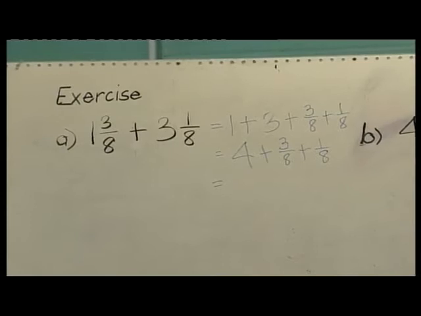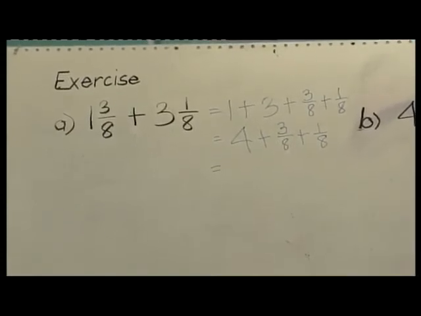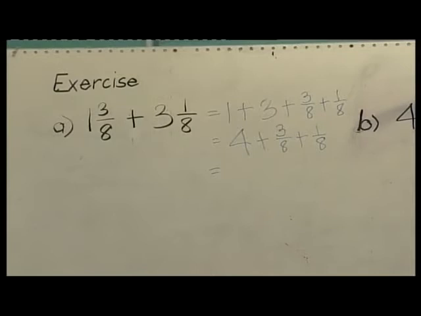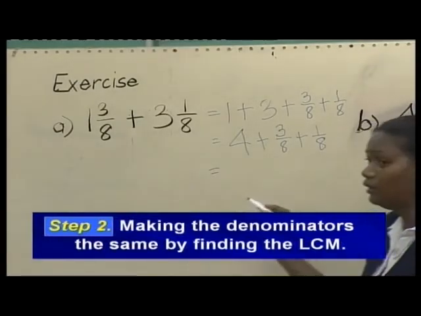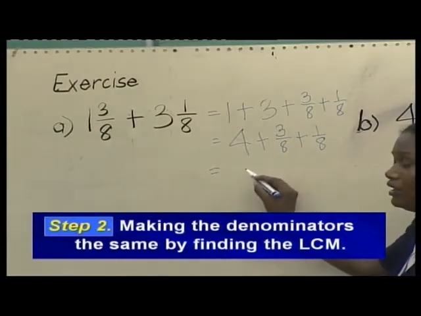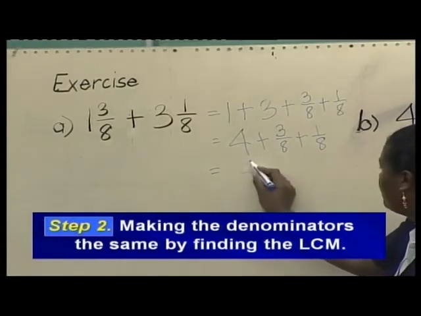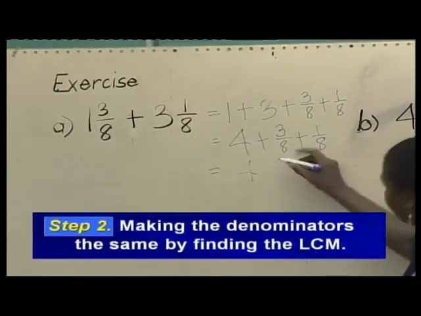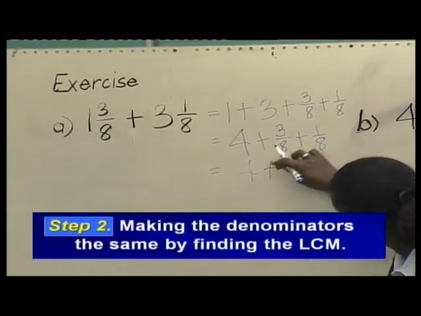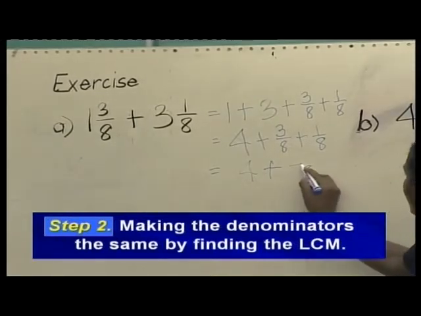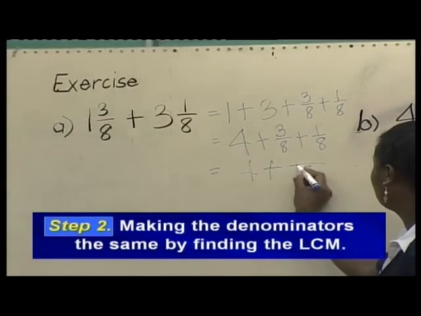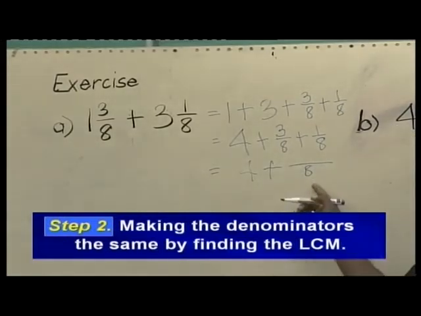What's the next step? Make the denominators the same. Are they the same? Yes. So we just go straight to the common denominator. So we have 4 plus, 8 is common, so you have 8 as the common denominator.